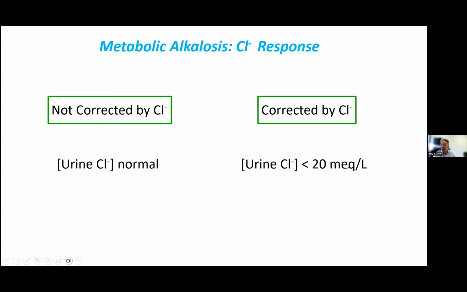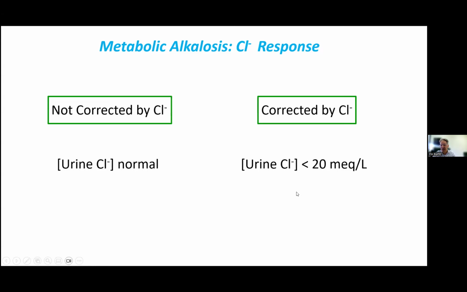We don't have low chloride patients and high chloride patients. We have low chloride patients and normal chloride patients. The chloride is not high in the group that doesn't respond to chloride. The point is, it's just no different than yours or I would be on the same water intake and dietary chloride intake. It's normal. But these patients have a chloride concentration in their urine that's below what you would expect for their chloride intake, and they will respond to chloride-containing salts.